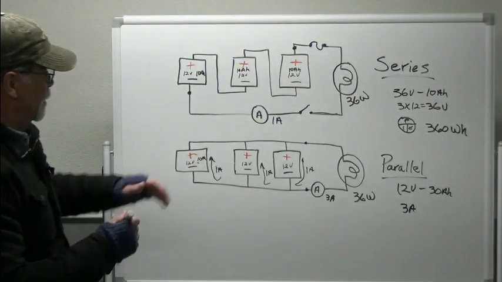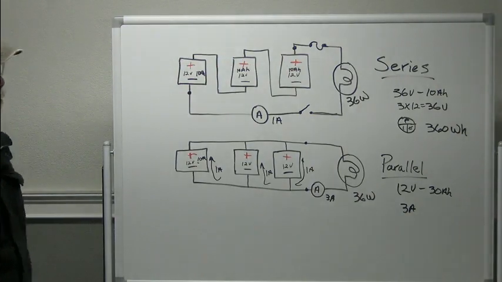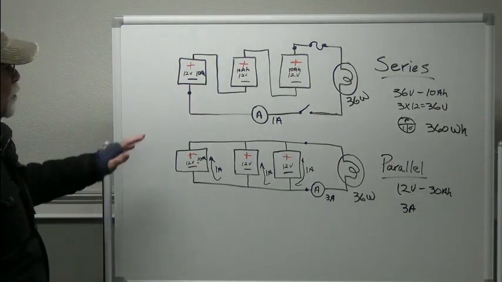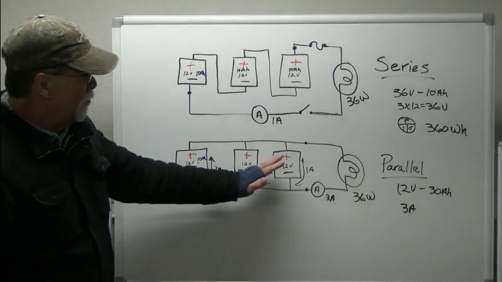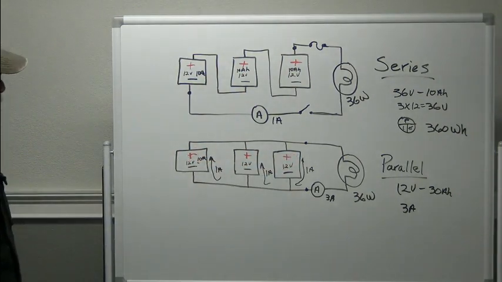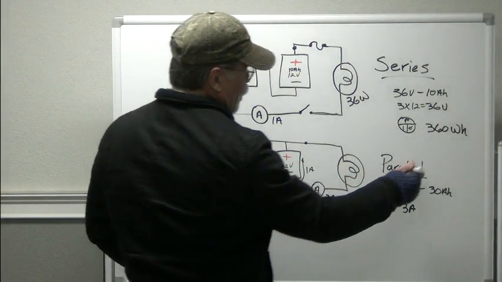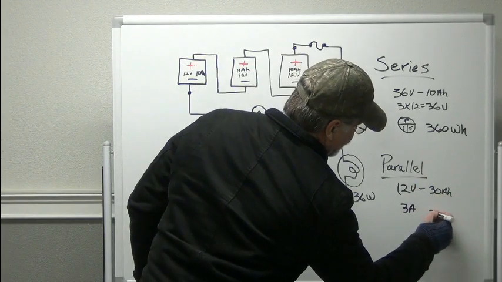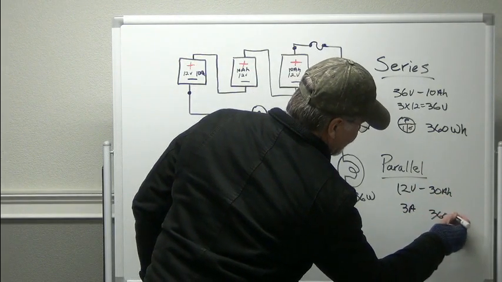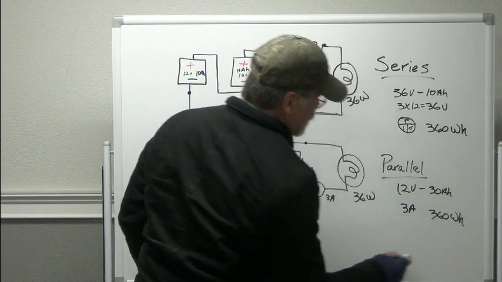That's the capacity of this battery pack. 3 12 volt batteries wired in series. Here we have 3 12 volt batteries wired in parallel. So what's the capacity here? 12 times 30, that's going to be 360 watt hours.